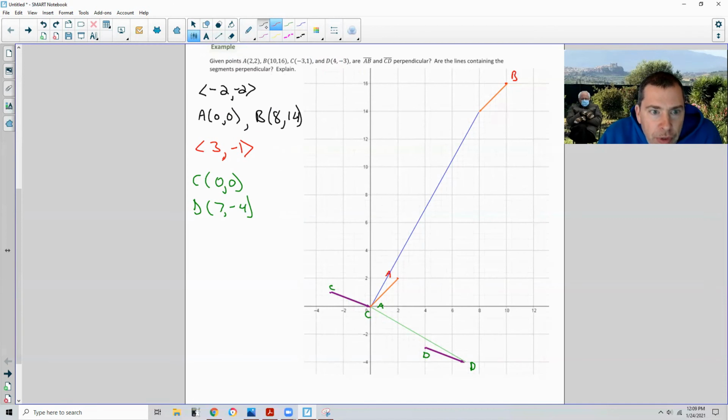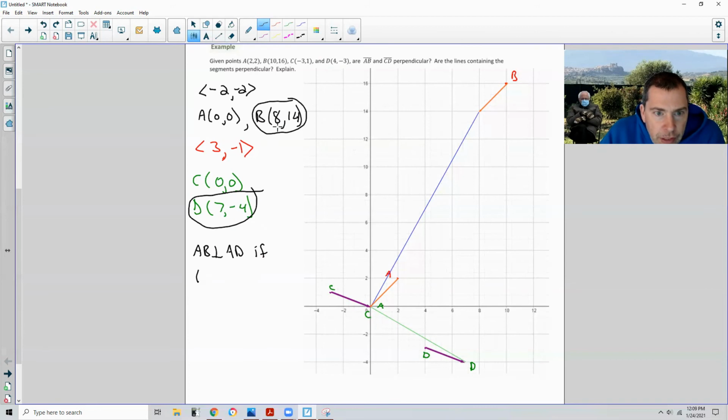Okay, so now we're working with B and D. Because A and C are at the origin, we can now say AB is perpendicular to AD if the product of the x's plus the product of the y's equals 0.